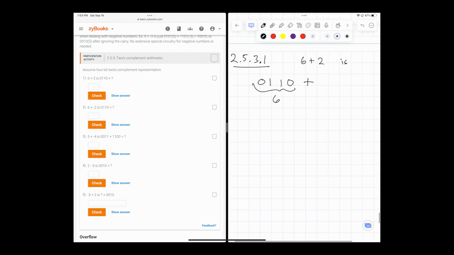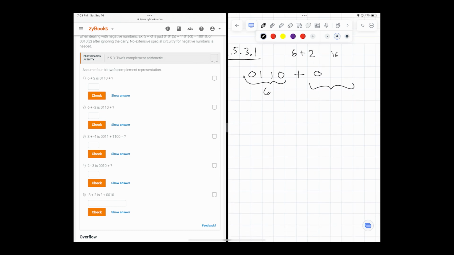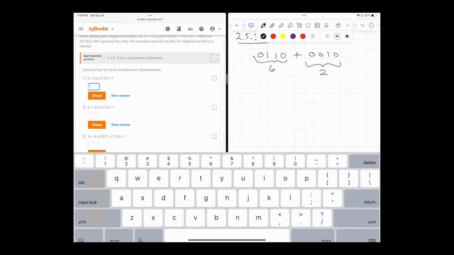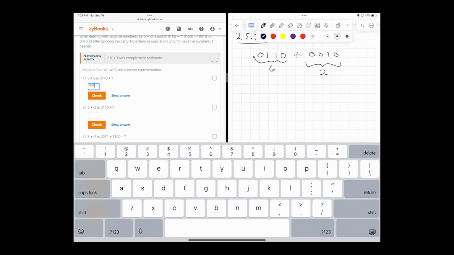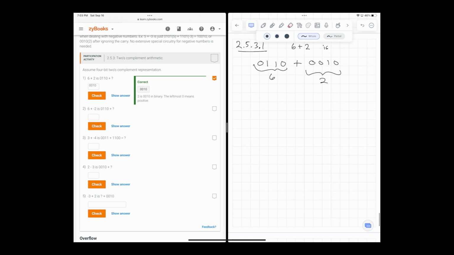And they want you to put the 2 there. So what's 2? 2 is 0, 0, 1, 0, right? That's the 2. And that's all you're doing there. Now, why is that all you're doing? Because we haven't looked at a negative number yet. So there's nothing to that one.